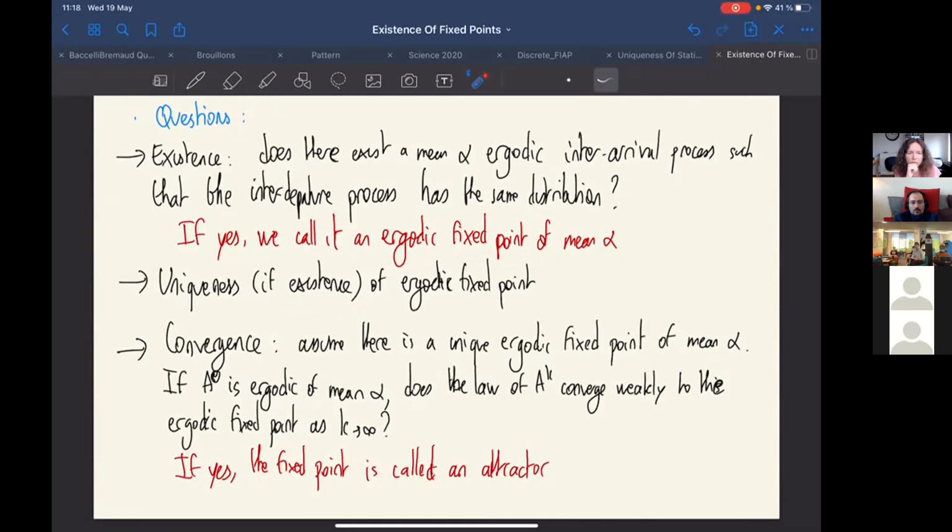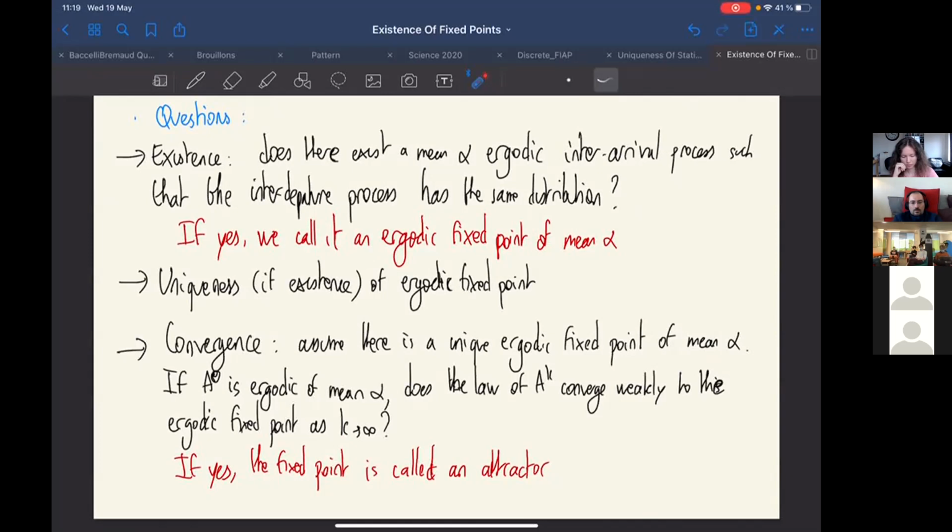And finally, the question of convergence. So assume now that there's a unique ergodic fixed point of mean alpha, it exists. The question is, if you have at Q_0 arrivals that are ergodic of mean alpha, do you have a convergence of A^k, the equilibrium departure or arrival processes at node k? Is there a convergence to this ergodic fixed point when k goes to infinity?